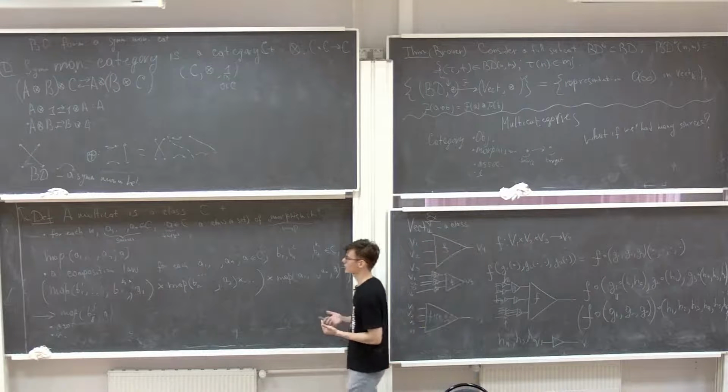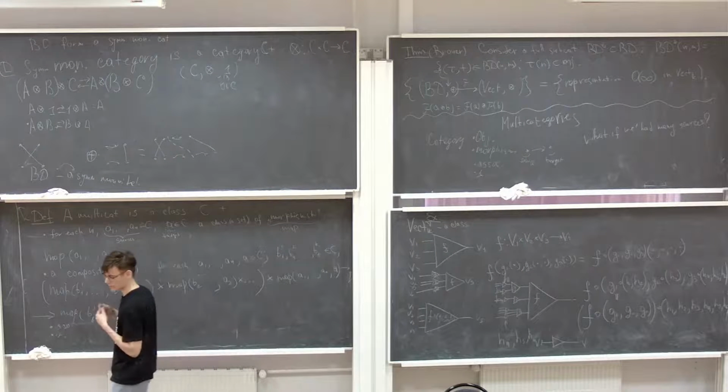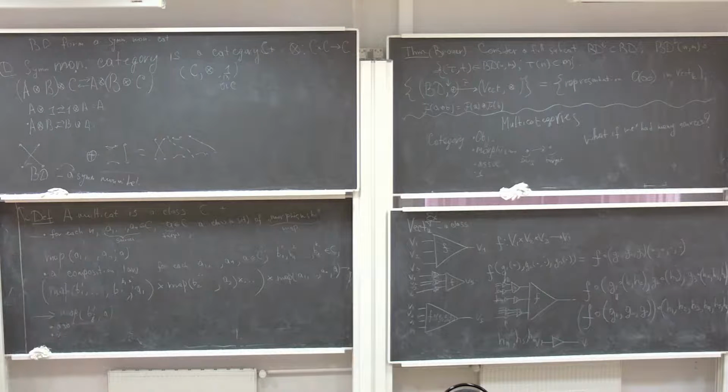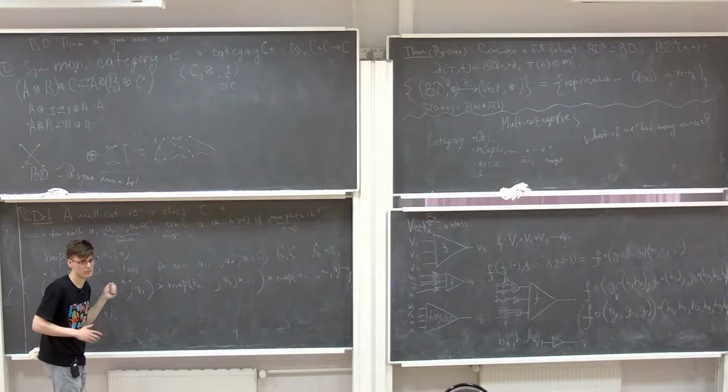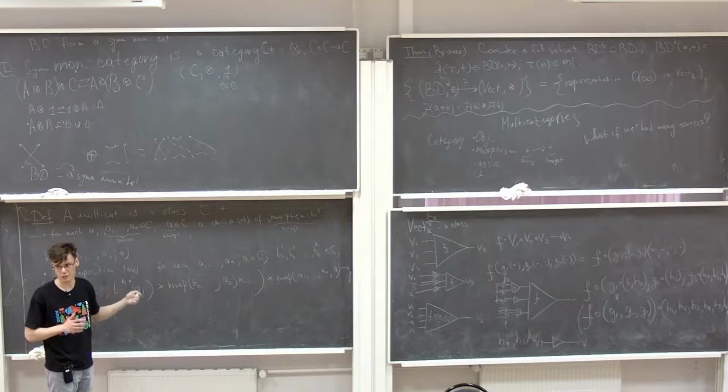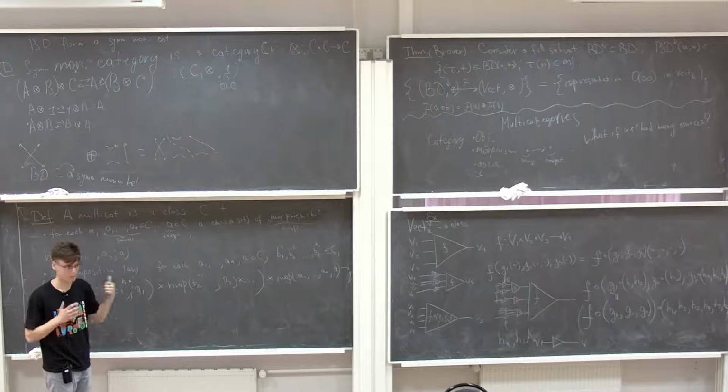In this case, a multi-category is called a symmetric multi-category or multicolored operad. I don't really want to discuss them because it makes things a little more complicated, at least for me, although this definition is, as I just said, more important for algebra.